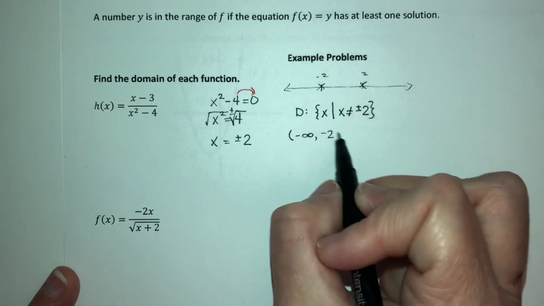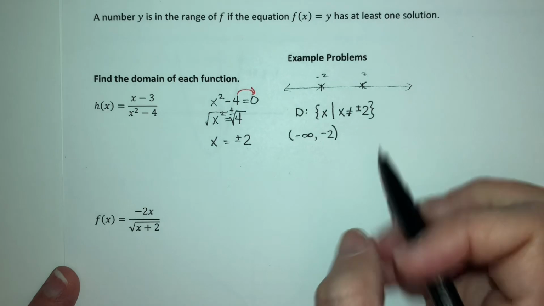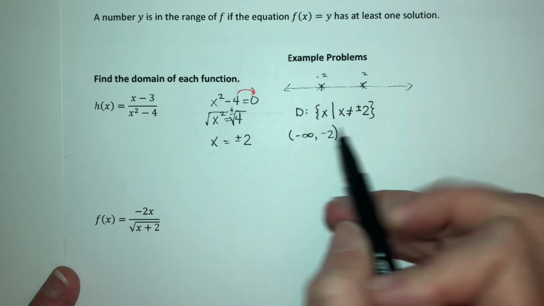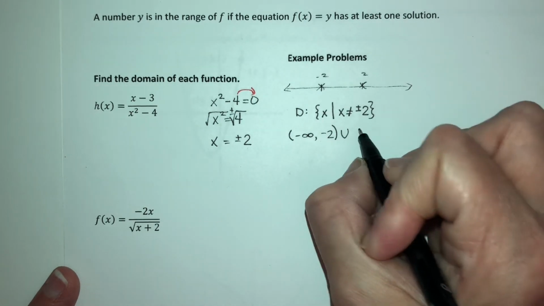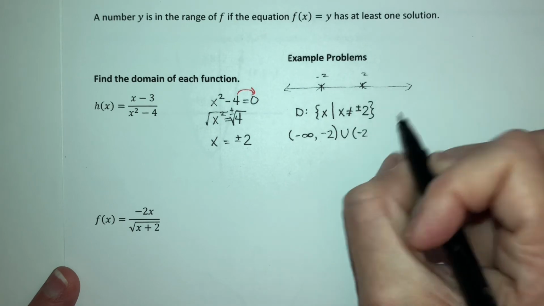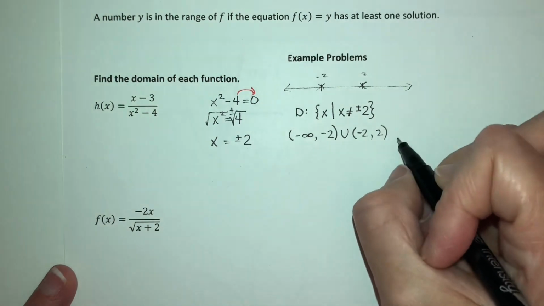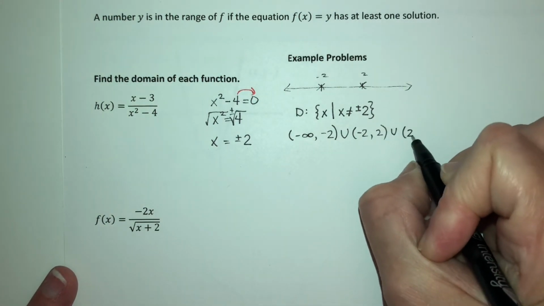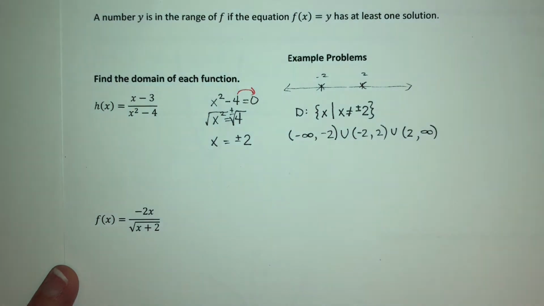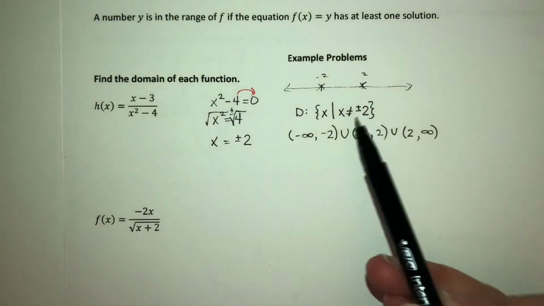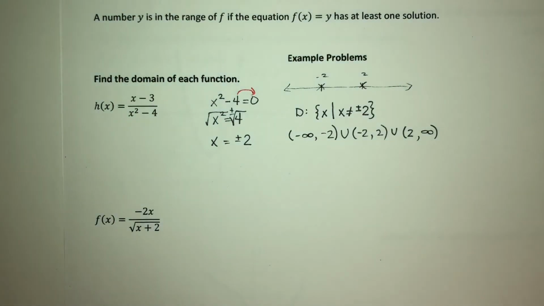And since -2 cannot be one of my solutions, I use parentheses. Infinities always get parentheses. Union, -2 to 2, also parentheses because those two values cannot be included. Union 2 to infinity. These say the same thing. This is set builder notation. This is interval notation. Okay. The union signs will pop up in the toolbar below where you're entering your solutions.